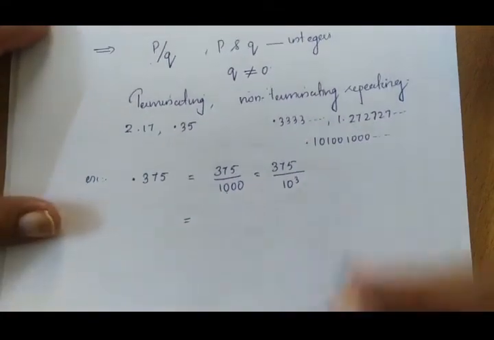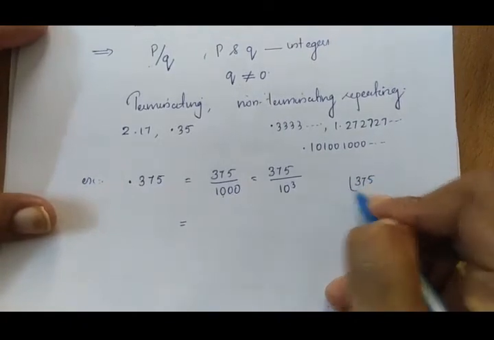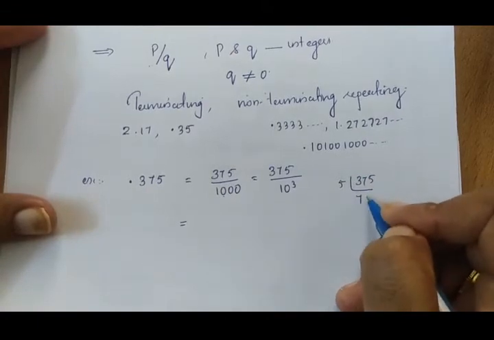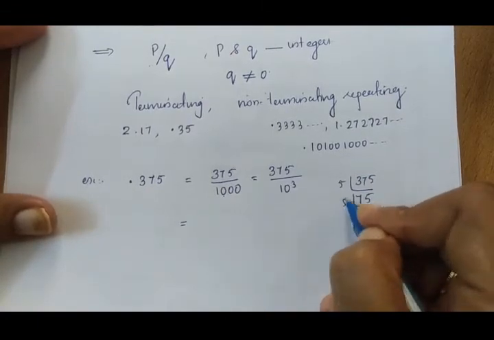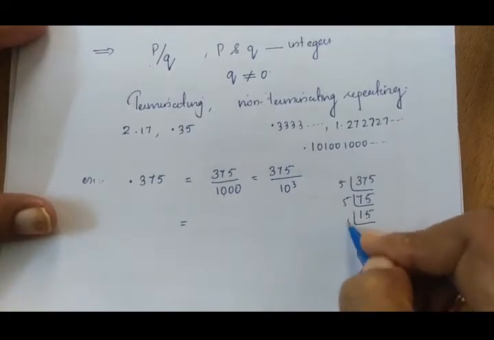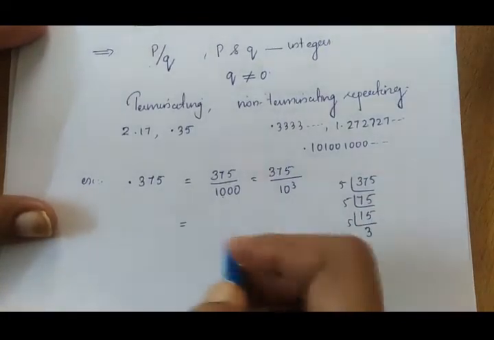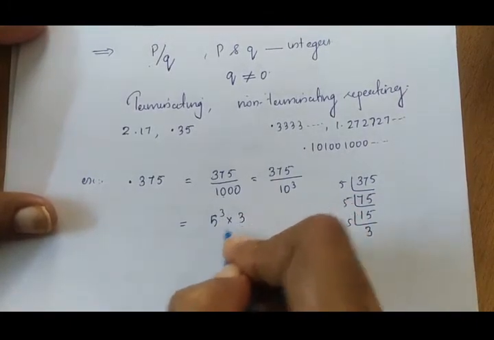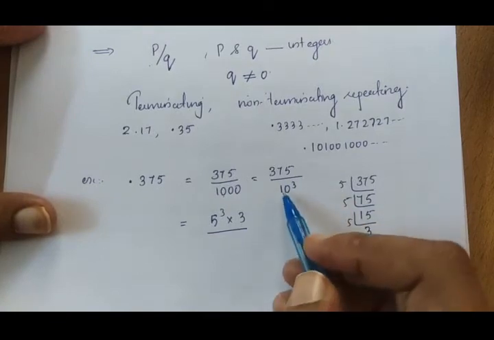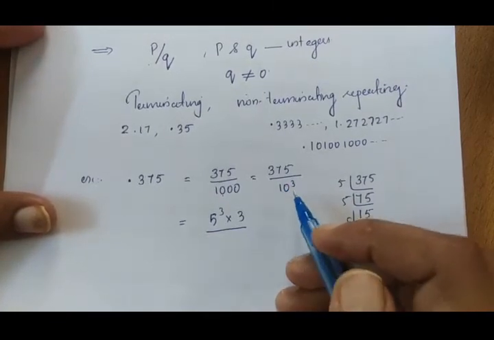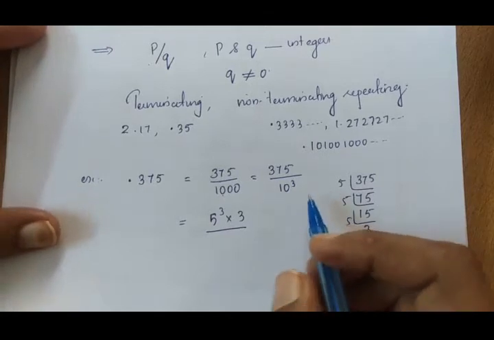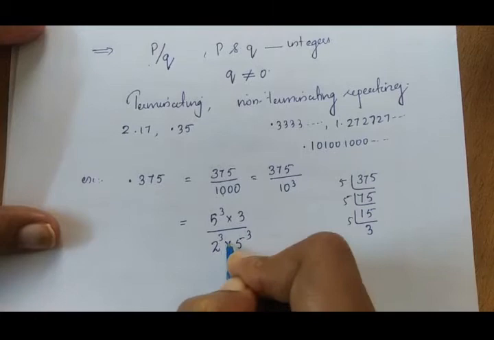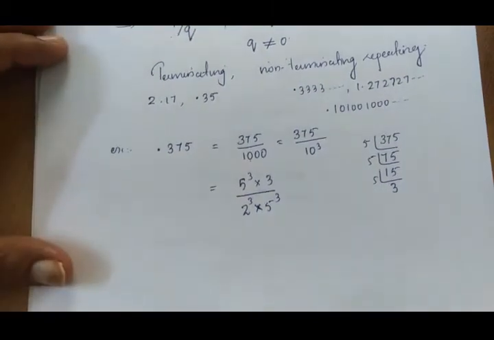By factorization, 375 is 5 raised to 3 into 3. We know the factors of 10 are 2 and 5, so we can rewrite the denominator as 2 raised to 3 into 5 raised to 3.